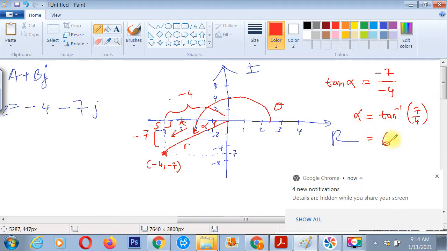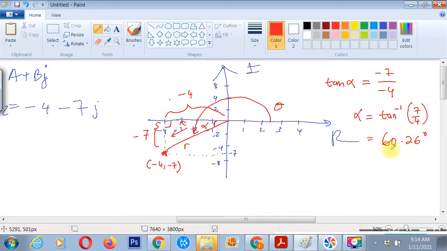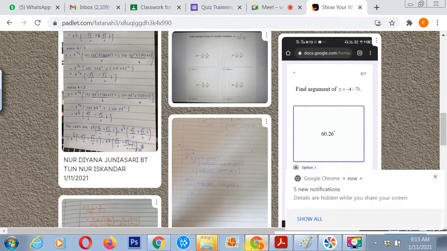We will have 60.26 degrees. So this is alpha, but the argument is 180 plus 60.26 degrees, which is 240.26 degrees.